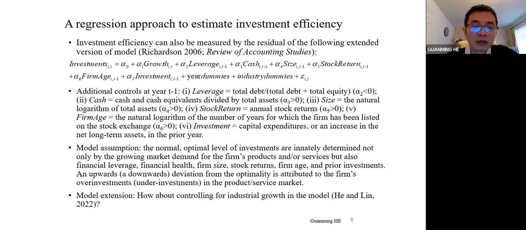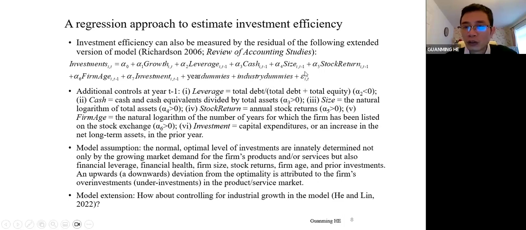And any deviation from this optimal level will be attributed to either the overinvestment or the underinvestment by the firm. And we can use the residue to measure to what extent the companies overinvest or underinvest in the product or service market. And we see the magnitude of this residue.